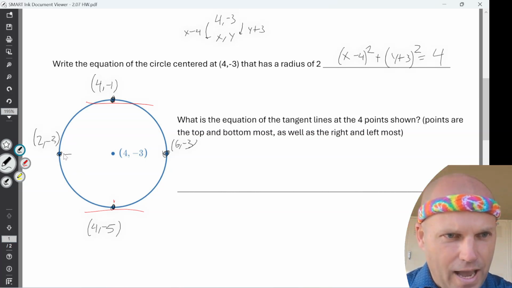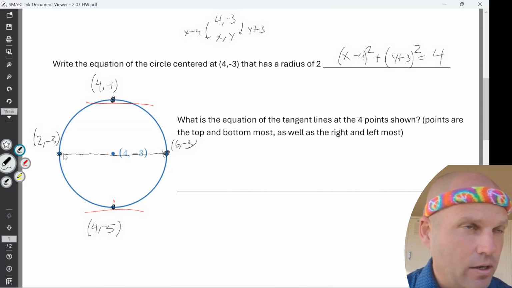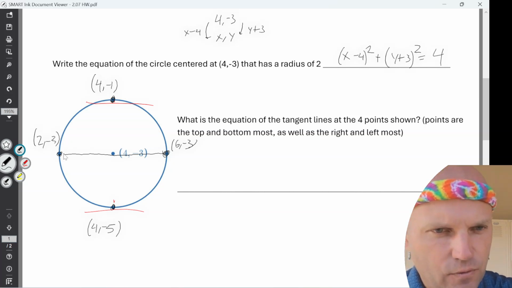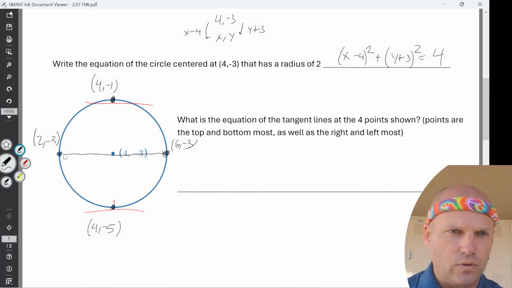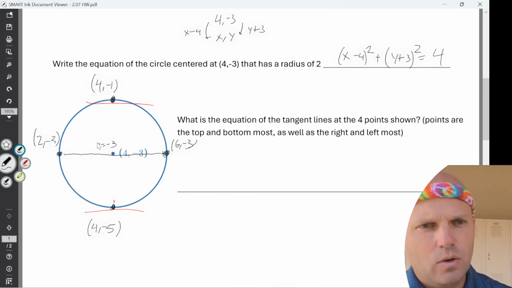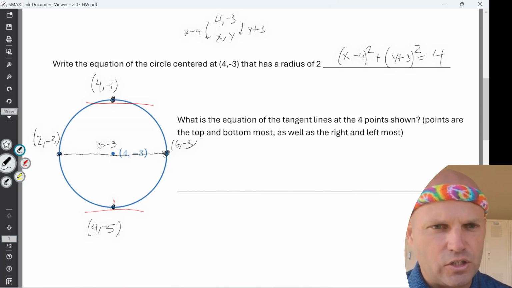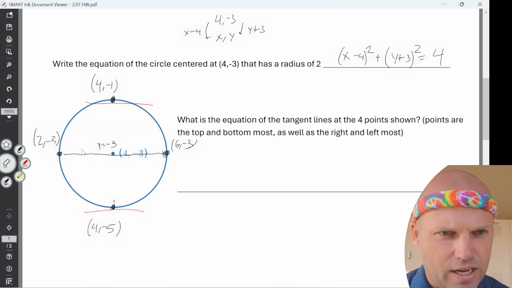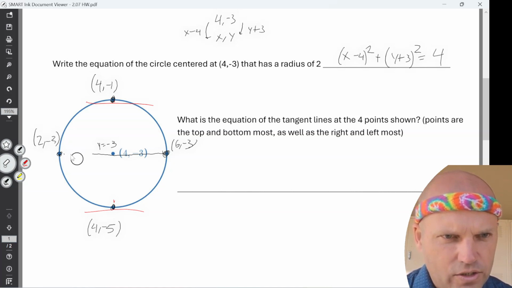Now, if you look at these 3 points that create a diameter, (2, -3), (4, -3), and (6, -3), you can see the y coordinates are all consistent, and y would always be -3. So this horizontal diameter, all the y's are -3.